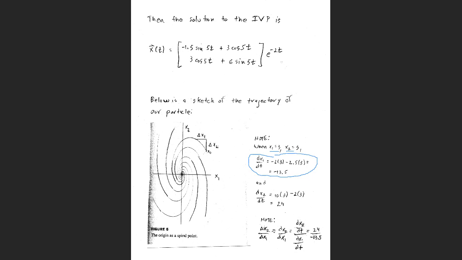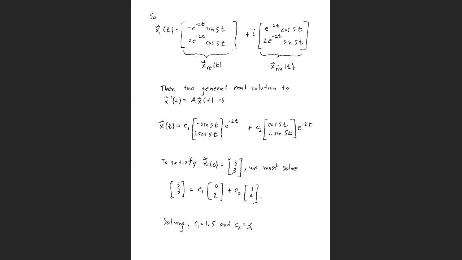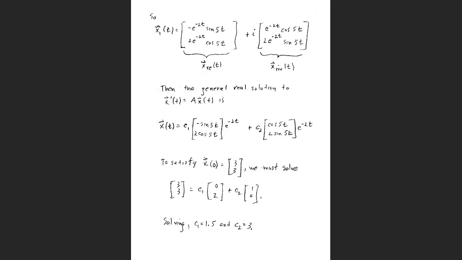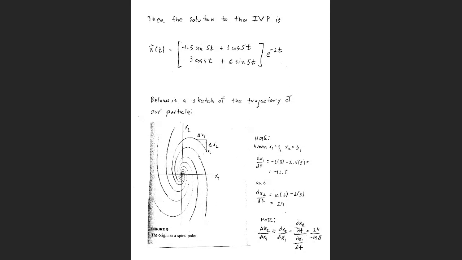Similarly, dx2/dt, based on the second differential equation, equals 10x1 minus 2x2. So at 3, 3, dx2/dt is 10 times 3 minus 2 times 3, and that's 24.